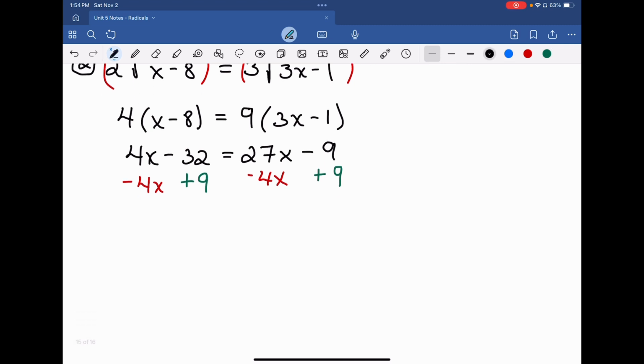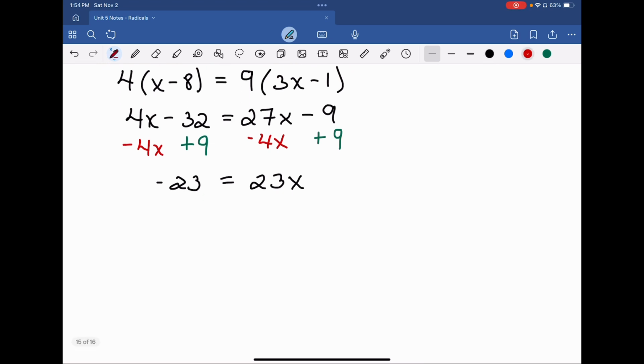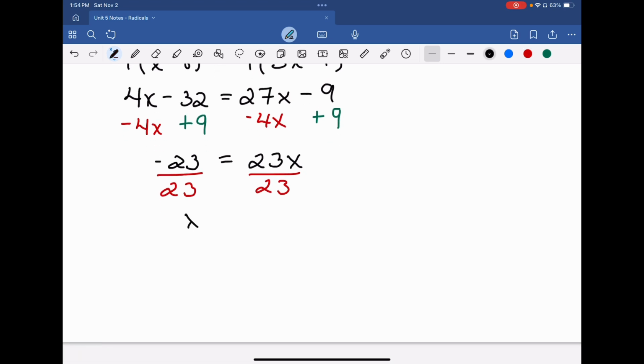Now, this is going to end up giving us, on the left-hand side, negative 32 plus 9. This is equal to negative 23. There we go. Is equal to, on the other side, 27 minus 4. This is 23x. Now, to isolate for our x, let's just divide both sides by 23. When we divide both sides by 23, I end up getting that x is equal to negative 1.